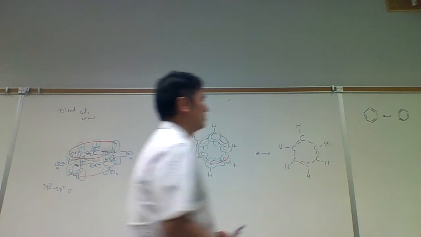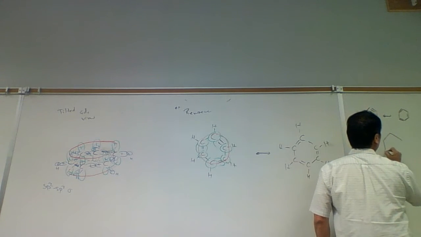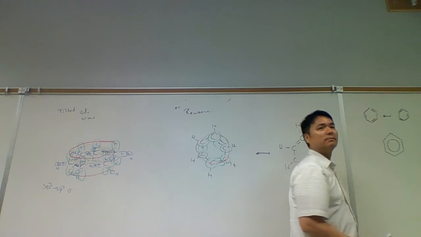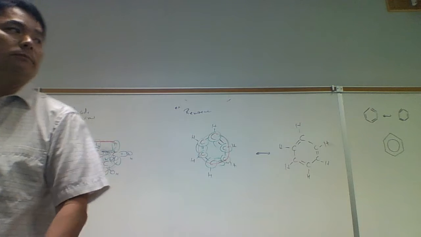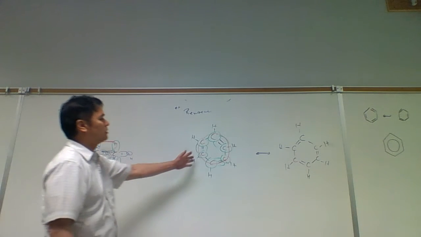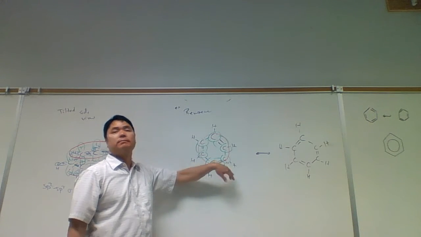This is the classic structure of resonance. This is the hybrid structure. This is benzene here. Do you see the pi bonding electrons can be spread out over the entire molecule? This is called delocalization.